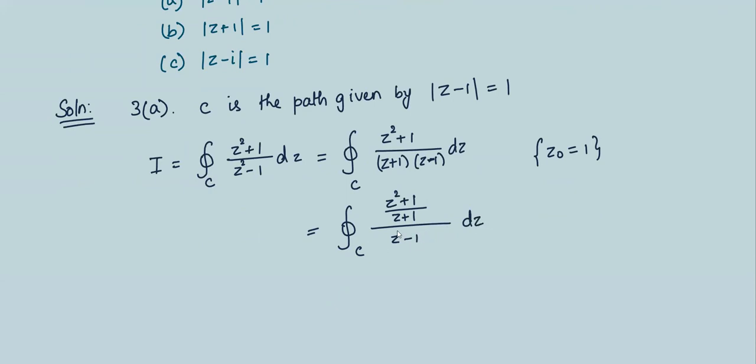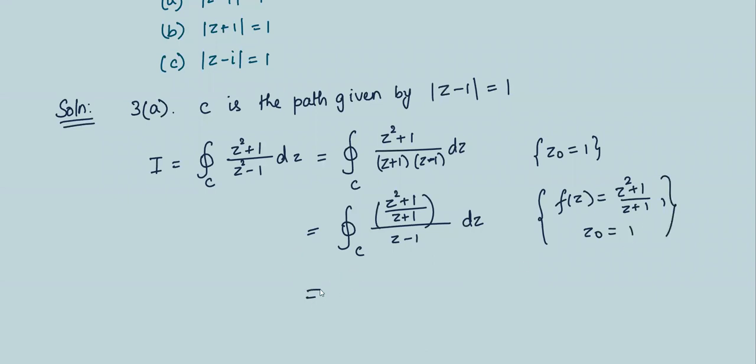So this is the singularity. This becomes your function f of z, and this is analytic because at z equal to 1 it doesn't have a singularity. So here, again, f of z is (z square plus 1) by (z plus 1), and z naught is equal to 1.